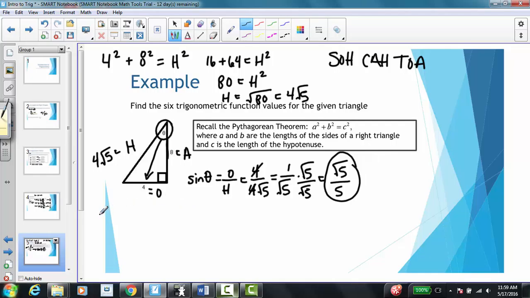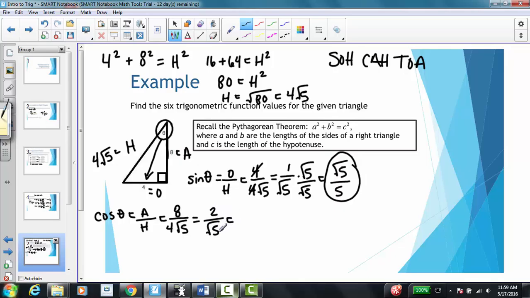Next we need to find cosine theta. We said cosine theta is adjacent over hypotenuse. My adjacent side is 8 and my hypotenuse is 4√5. This is going to simplify to 2/√5.